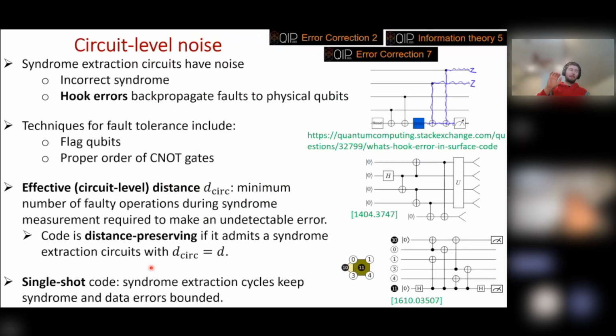Can you go to the previous slide? So basically you're saying, the notion of distance preserving, right? Normally we talk about n and k, and basically they are very much spatial objects. Even the distance that we talk about is a spatial notion, like qubits in space, and there are errors there, and you want to look for robustness.